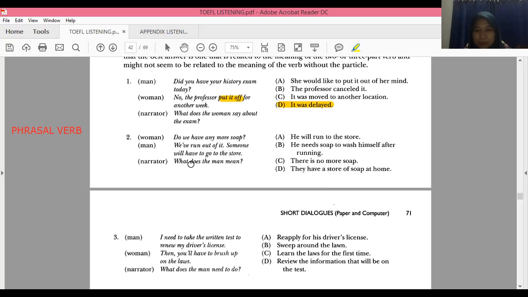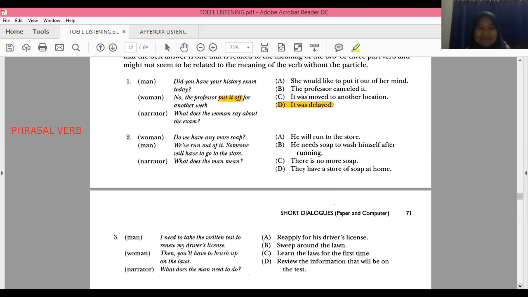Number two: Miss Meta, do we have any more soap? We have run out of it. Someone will have to go to the store. What does the woman mean? Miss Meta, what phrasal verb do you find? Miss Meta, are you with us?